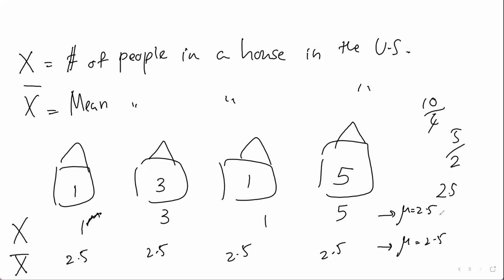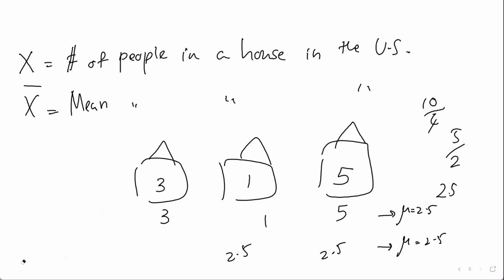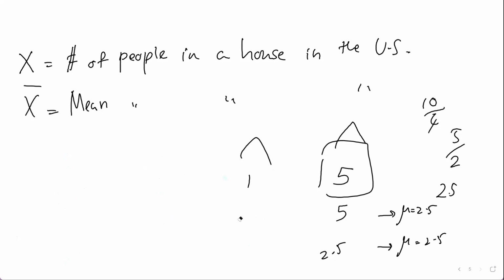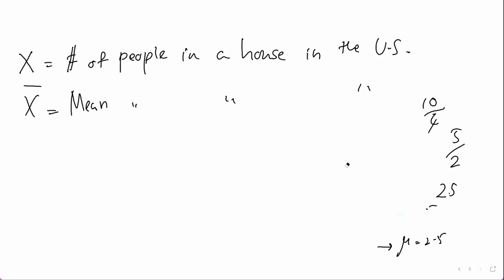I'm erasing this because these values aren't relevant to the question; it was just to give you some idea about these two. If you don't understand the difference between x and x bar, you'll wonder what the difference is. So that is the basic idea. Understand these two.